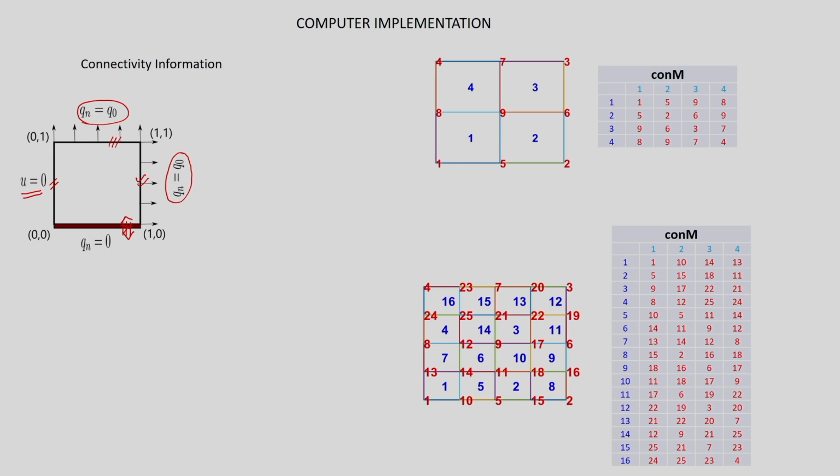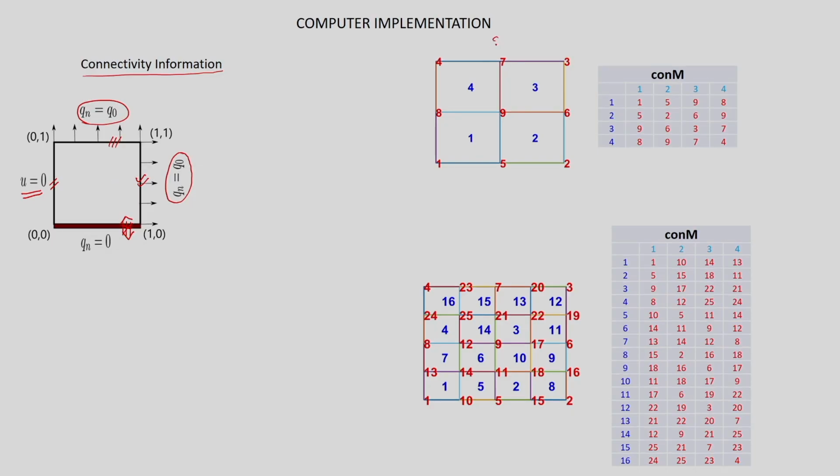Now, in order to proceed, first we need to collect the connectivity information. What is connectivity information? Connectivity information is basically the relation between the local node numbers and the global node numbers in a particular element. Here the domain has been discretized into 4 square elements as shown in this figure.